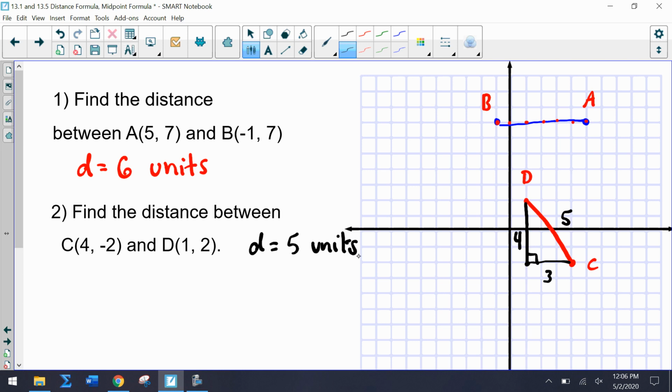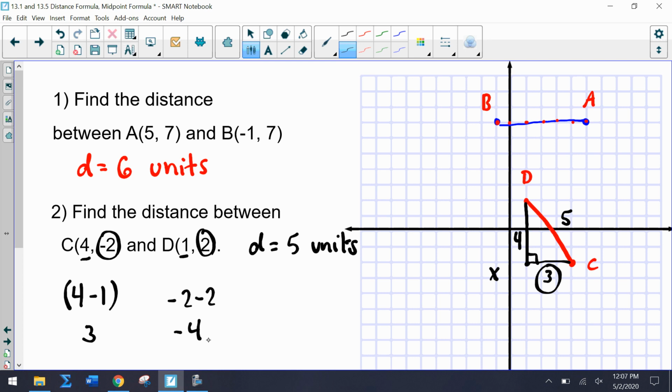Because of our Pythagorean theorem. So if we think about this, what we're trying to do is find the difference between our X coordinates. If I did 4 minus 1, I end up with 3. That's how we got this 3 here. And then if I did my y coordinates, -2 minus 2, I got -4.